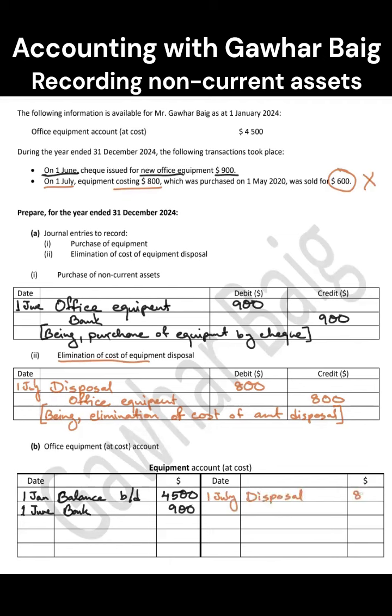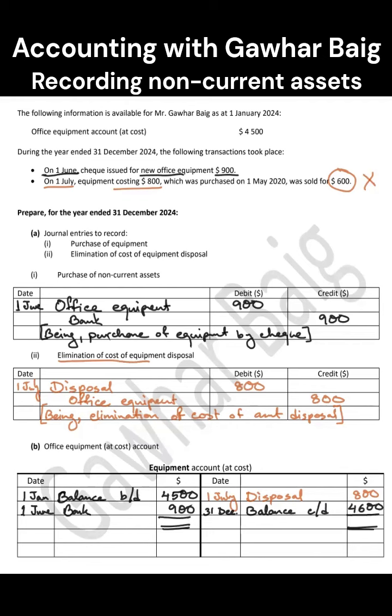Make sure you write the cost price and not the selling price. Then at the end of the year, on 31st December of this business year, balance the account. It's a balance carried forward. If you calculate, it will come to 4600.